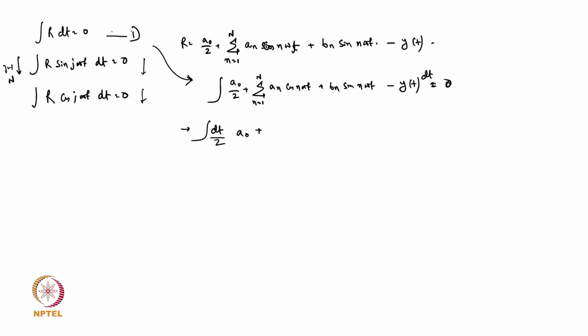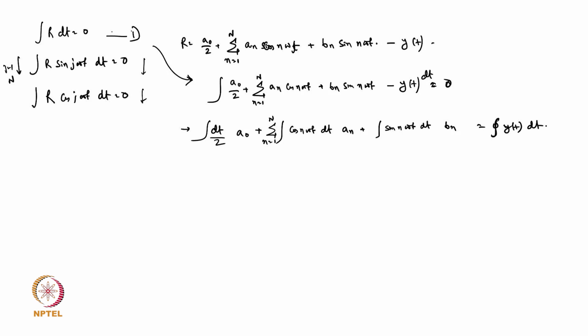So summation n equal to 1 to N, an integral of cos n omega t dt plus bn integral of sin n omega t dt, equal to integral of y of t dt.